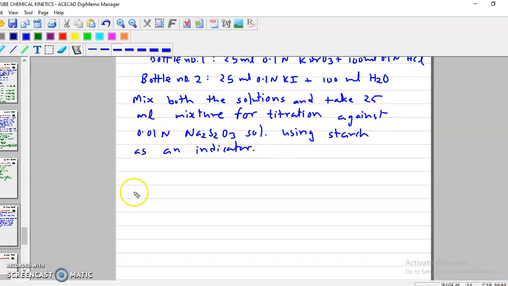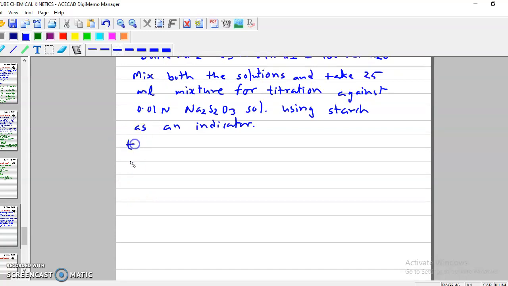The table is given, time in minutes and burette reading, which is X ml.